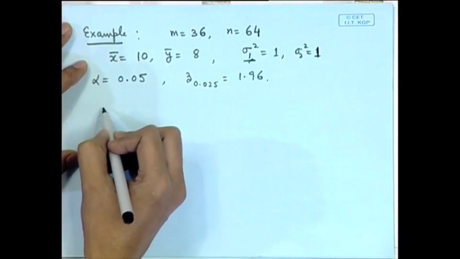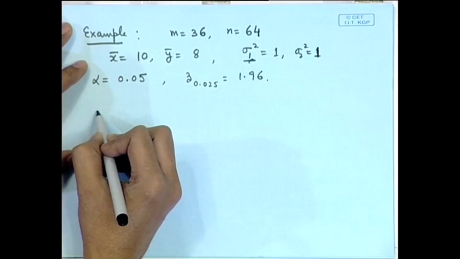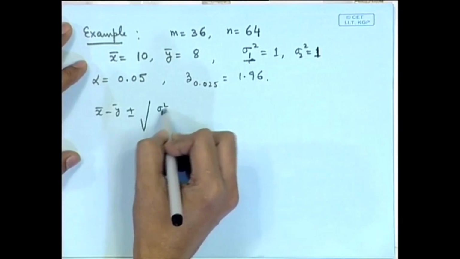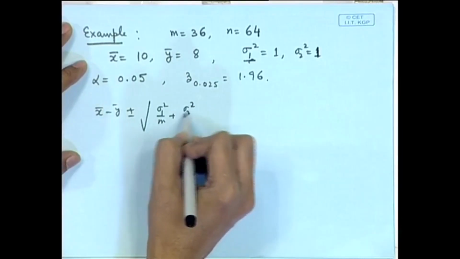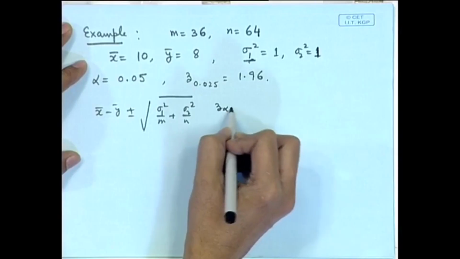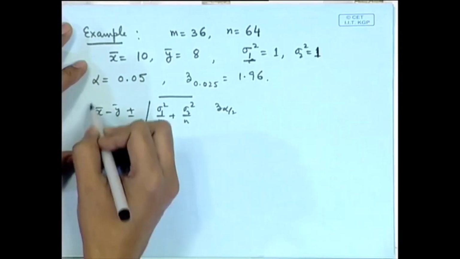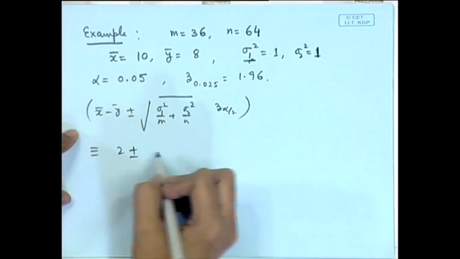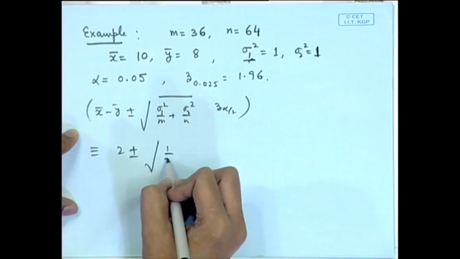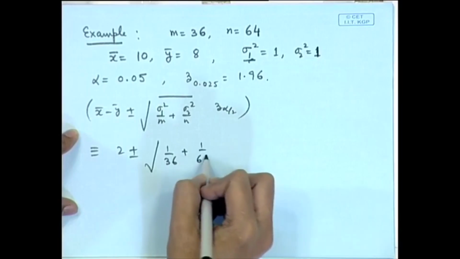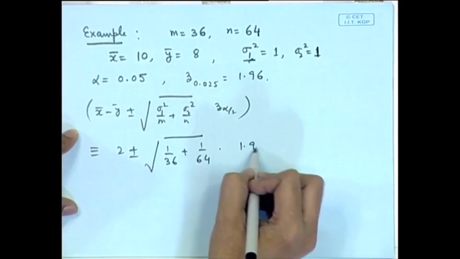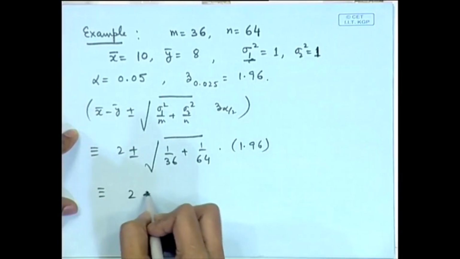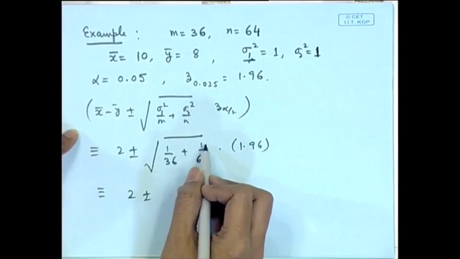So, the confidence interval will become x bar minus y bar plus minus square root sigma 1 square by m plus sigma 2 square by n z alpha by 2. So, this confidence interval will be equal to 10 minus 8 is 2, plus minus square root 1 by 36 plus 1 by 64, into 1.96. So, this value can be evaluated, 64 plus 36 is 100.